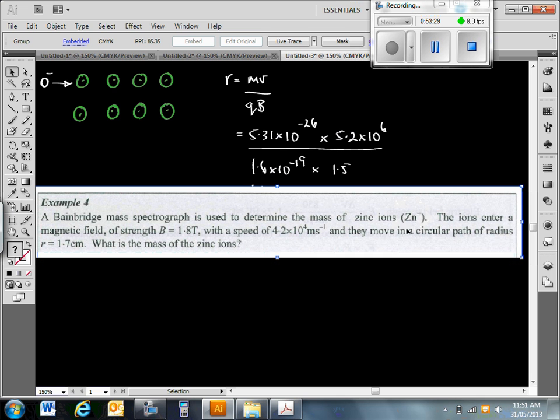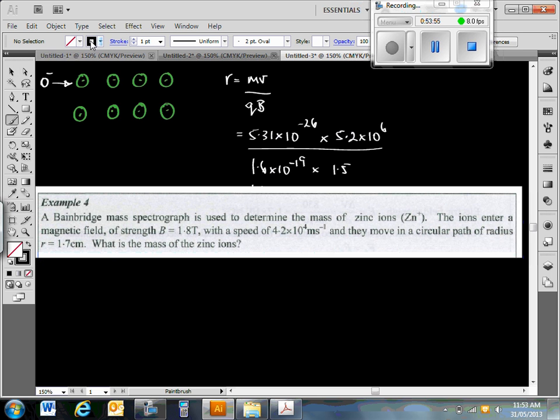This Zn with a little plus up the top, what does that denote? Yeah, they've lost a single electron, haven't they? So they still have a 1.6 by 10 to the minus 19 coulomb charge. We can finish this very quickly.